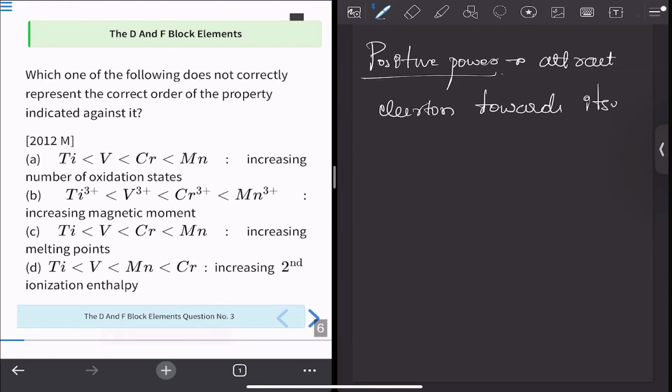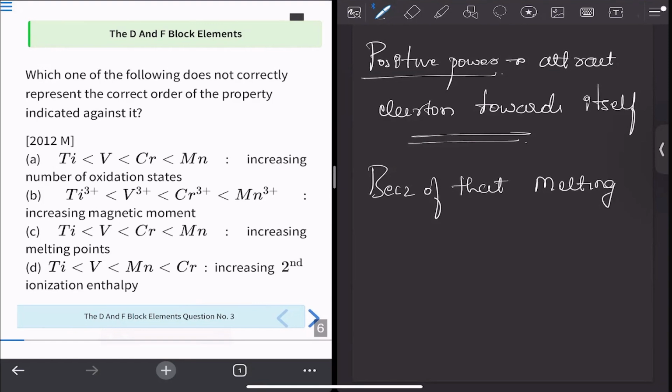Because of that, the melting point increases. Understand? Melting not power, it is melting point. The melting point increases.